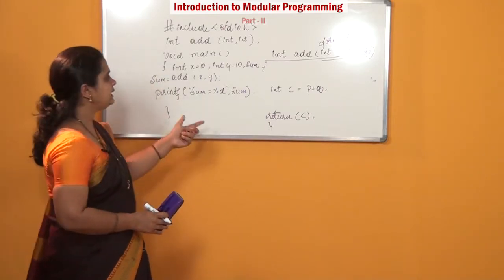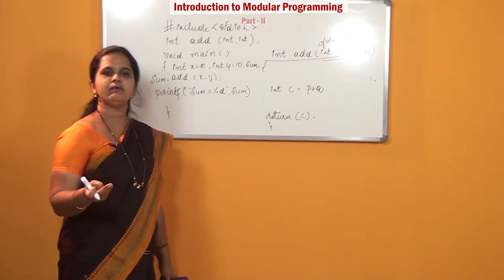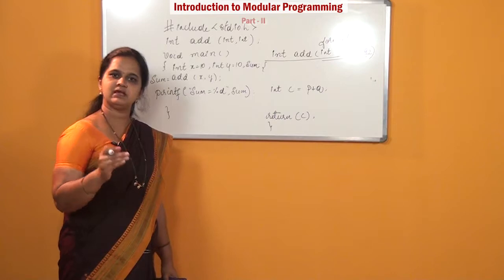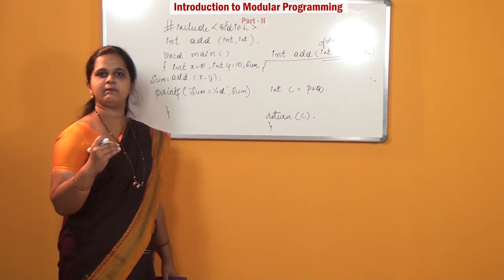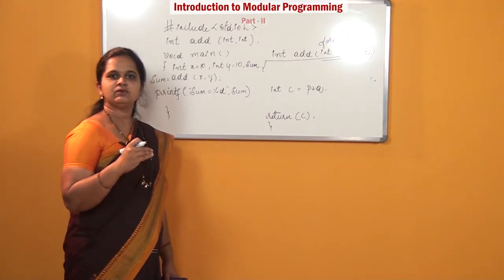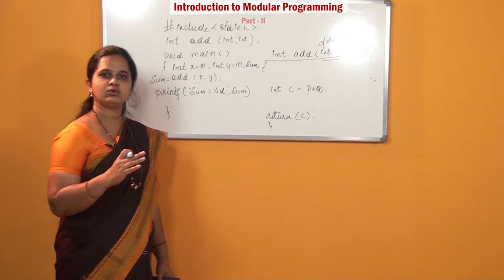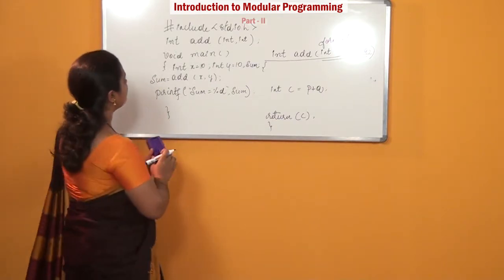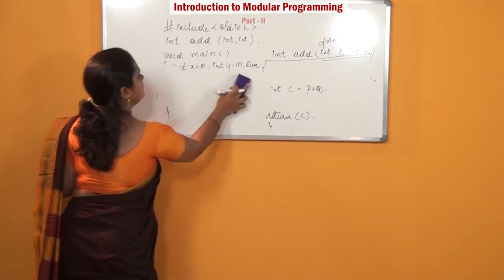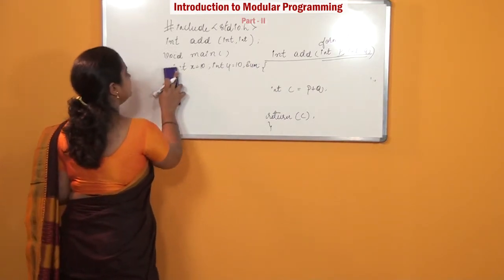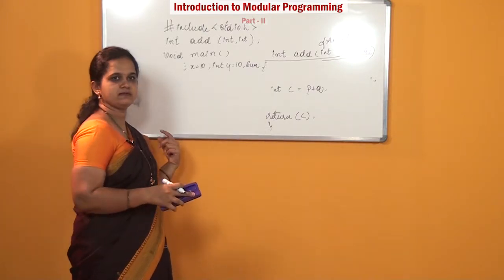If I really want to return more than one value, say for example I am adding two values and subtracting two values in the same program, and I want both the sum and the difference back in the main function, then we implement the example of returning more than one value. With an example, we'll look into the different values which are passed back.